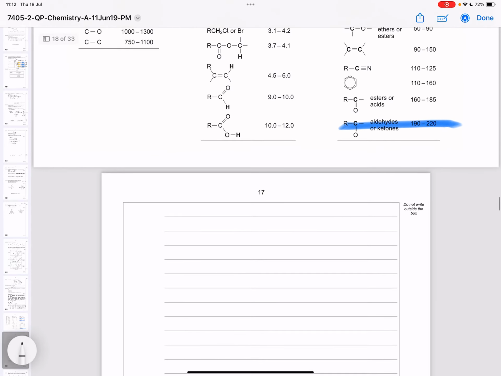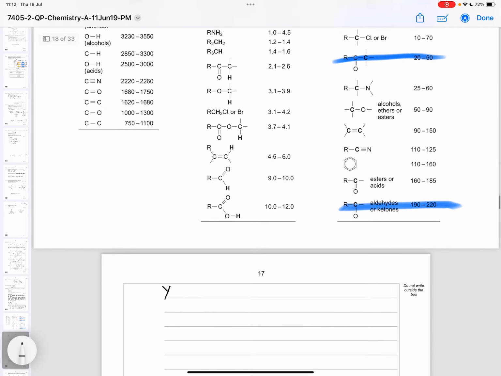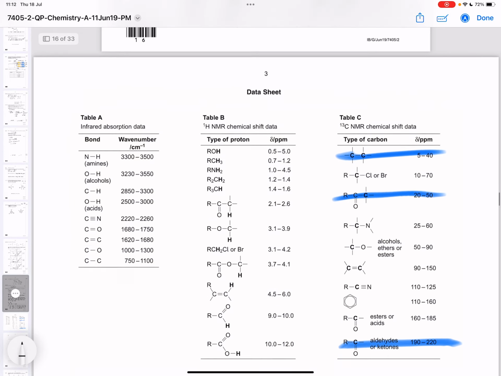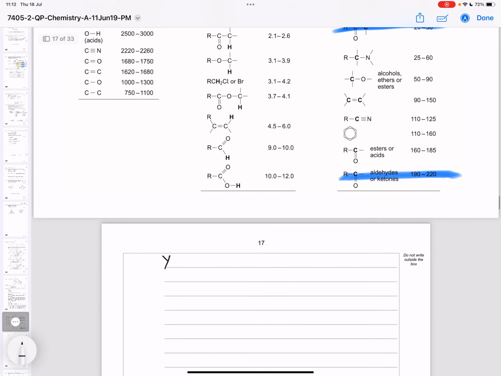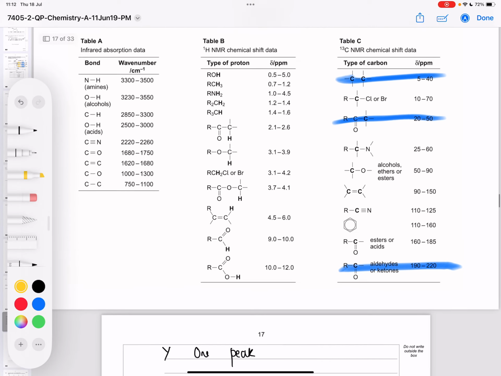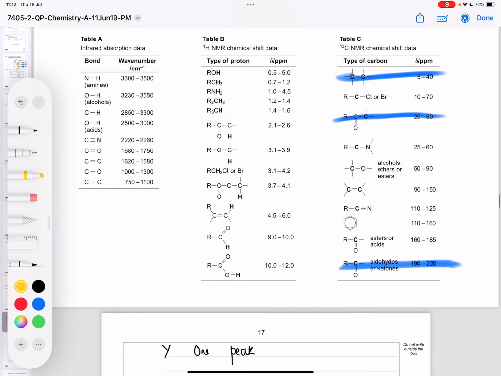Then we're going to Y, remembering that for Y we had the Cs with the OHs and we had C double bond Cs. So 1 peak, C with the OH, should be this one, 50 to 90. And we had this one, 90 to 150.